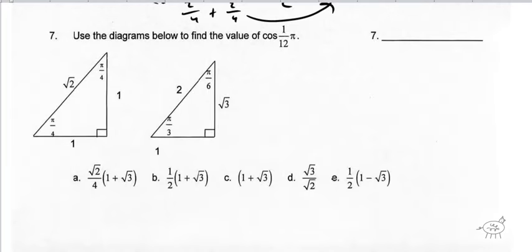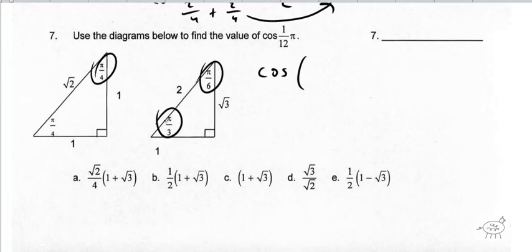Okay. All right, last one, math fans. Woo! Okay, use the diagrams below to find the value of cosine of 1/12 pi. In order to do this one, you got to know some difference formulas for cosine. Cosine of pi over 12, because I'm given pi over 4s and pi over 6s and pi over 3s, one of them is pi over 3 minus pi over 4.